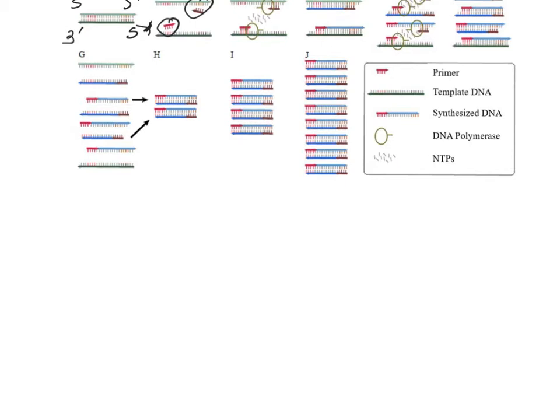And so when you heat up, you're going to get primers forming on the template strands, just like they did originally, okay? But you're also going to get primers forming on the new daughter strands that were made, okay?